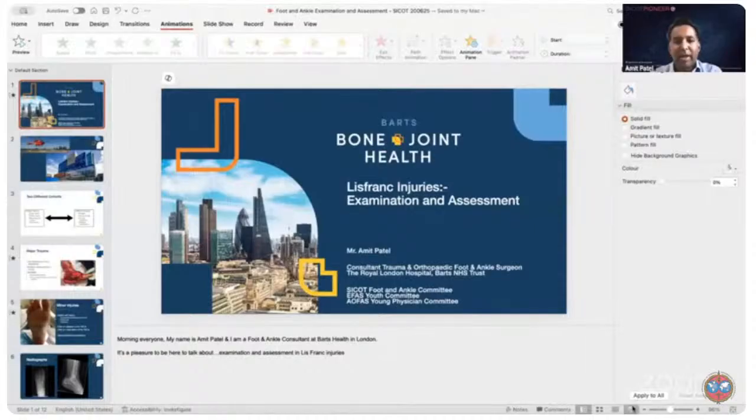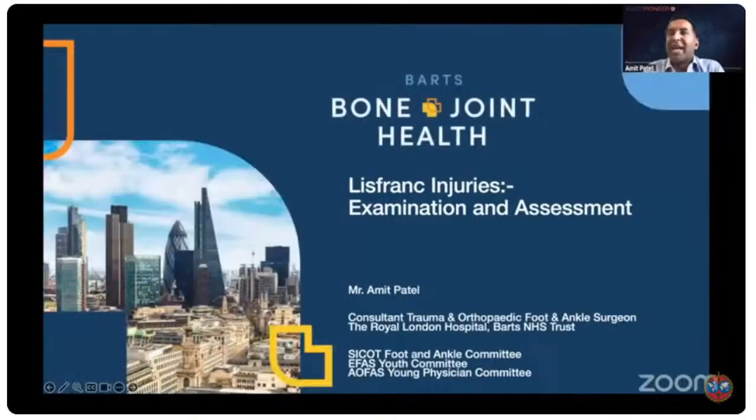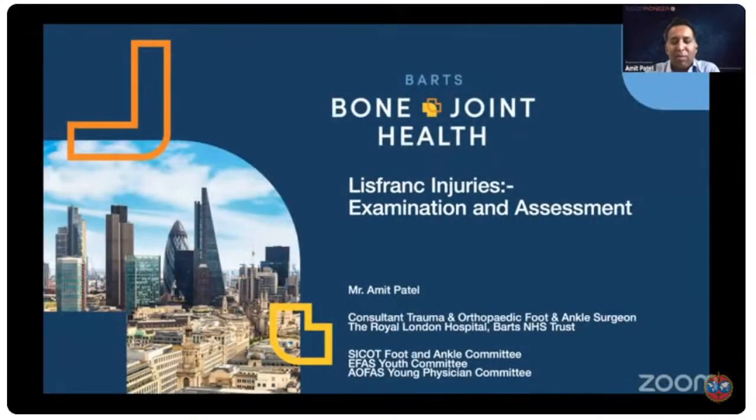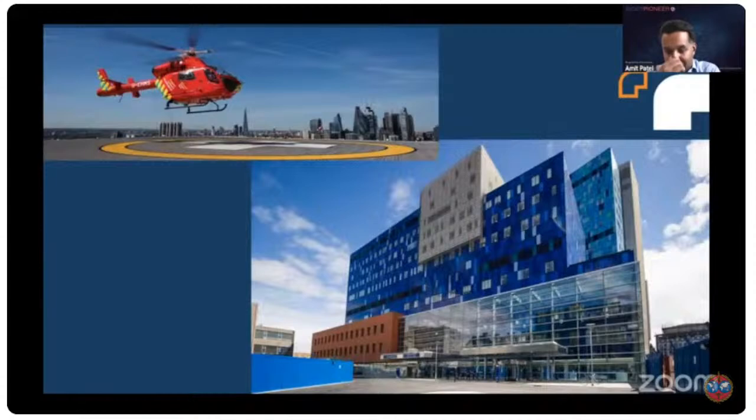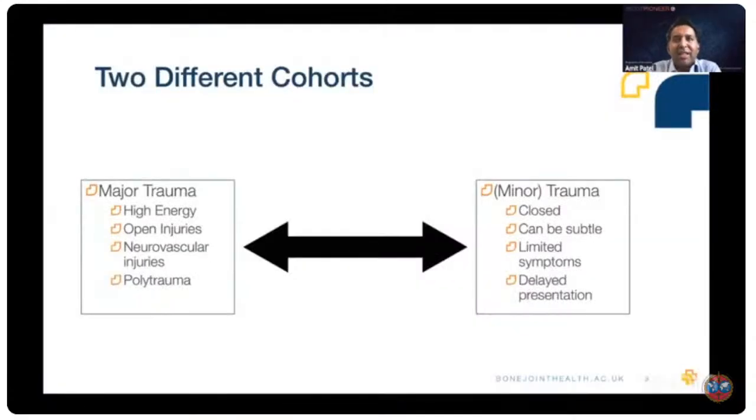So, hello, everybody. I'm going to talk about Lisfranc injuries and their examination and assessment. What we need to remember is that some of us work in different settings, and that can be anything from a major trauma center to a smaller district general hospital. But Lisfranc injuries come to all of us in different ways and forms. And really, there are two different ends of the spectrum, two cohorts.